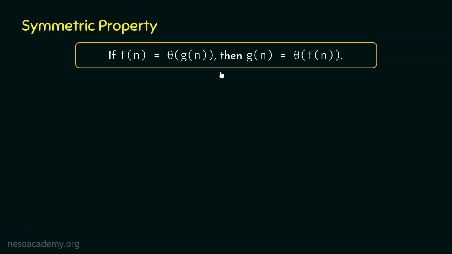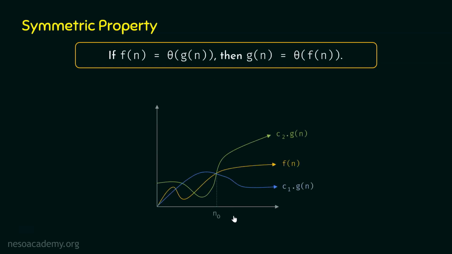Now let's visualize the symmetric property through the graph. Here is the graph for f(n) equal to theta of g(n). We can observe here that f(n) is sandwiched between C2 times g(n) and C1 times g(n). For some constant C2, g(n) is acting as the upper bound of f(n), and for some constant C1, g(n) is acting as the lower bound of f(n).